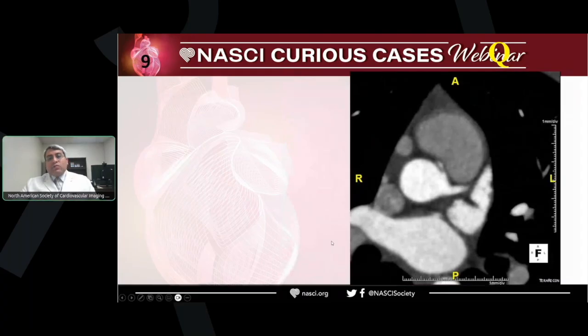Anyone can see anything abnormal here in this image? Yes, anomalous origin and course of the RCA with slit ostium. Exactly, perfect. And we used to call this, or we still call this, which kind of RCA anomaly?